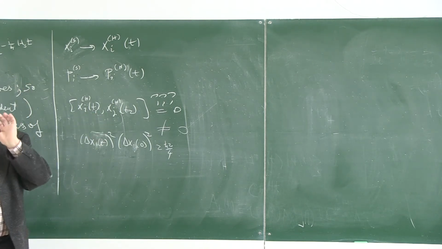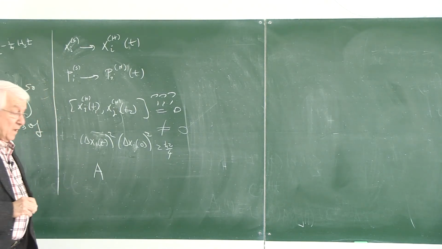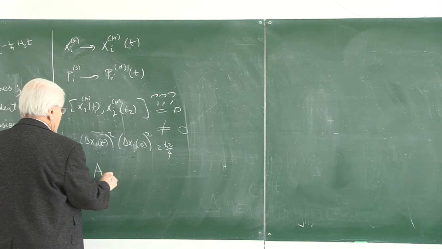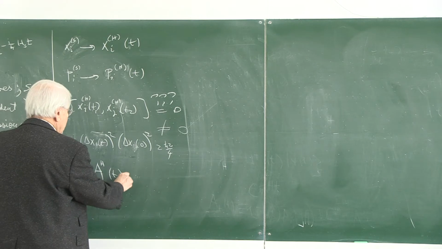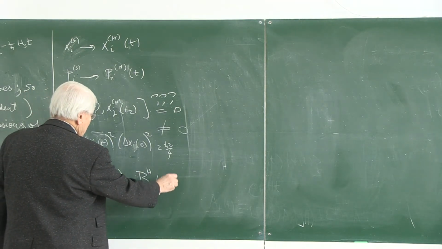Let me do this in more general terms. Let me pick arbitrary observables A and B, in the Heisenberg picture, and let's take A at T1 and B at T2.